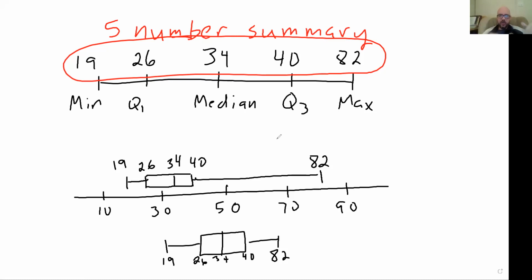And it looks like, just intuitively, there would be more data in here, but there isn't. That's the point. There's the same amount of data between 40 and 82 as there is from 34 to 40, right? So when you see a long section of a box plot, it doesn't mean there's more data in there.